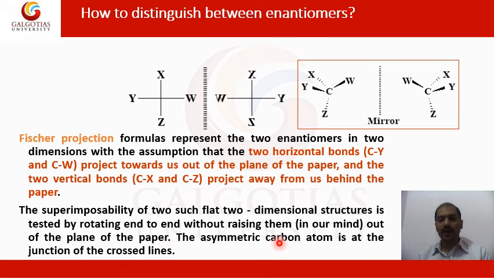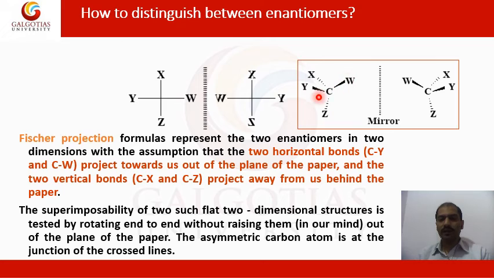The asymmetric carbon atom is at the junction of the cross line. Asymmetric carbon means chiral, chirality. So this carbon is a chiral carbon. But when you are talking about the whole molecule, then the whole molecule is a chiral molecule.